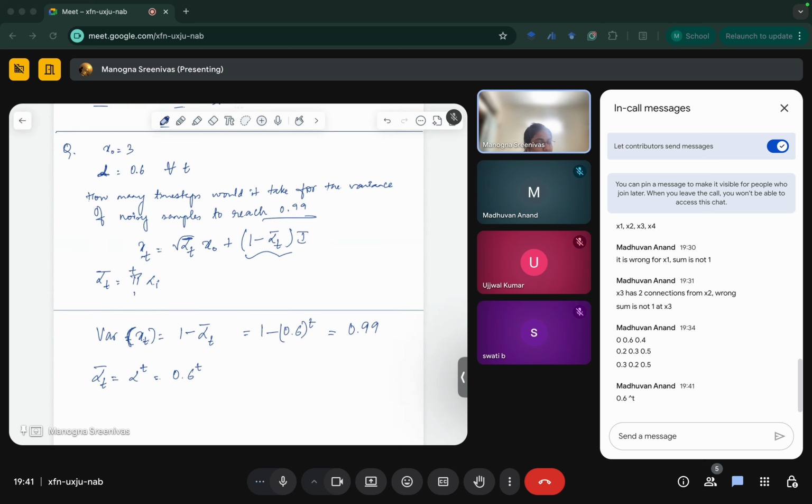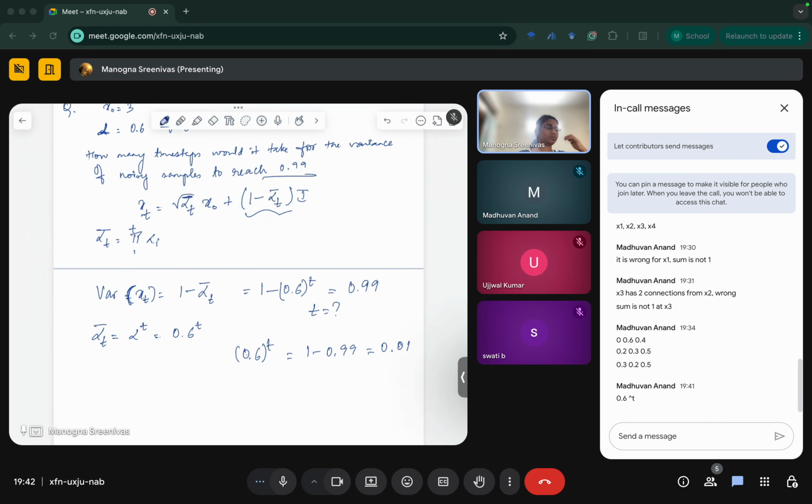So we want to find for what t this happens. So we have 0.6 to the power t is equal to 1 minus 0.99, which is 0.01. So t is such that it satisfies this, right?